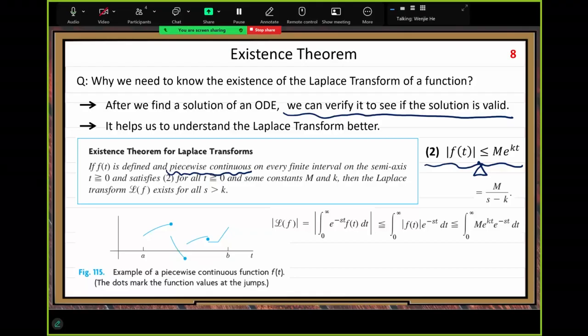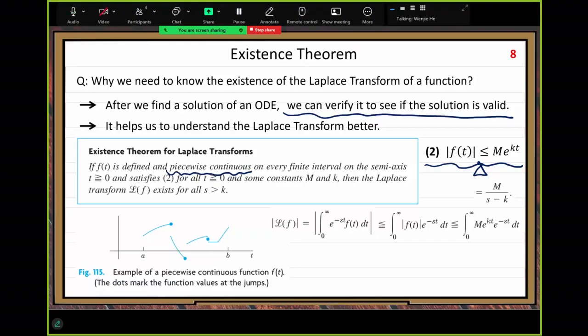When s is greater than k, the negative part is greater than the positive part, so after you put them together, you get a negative exponent. Then it converges. If the exponent is not negative, then this integral does not converge.